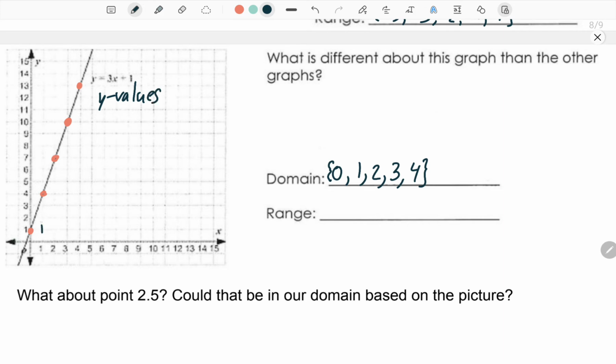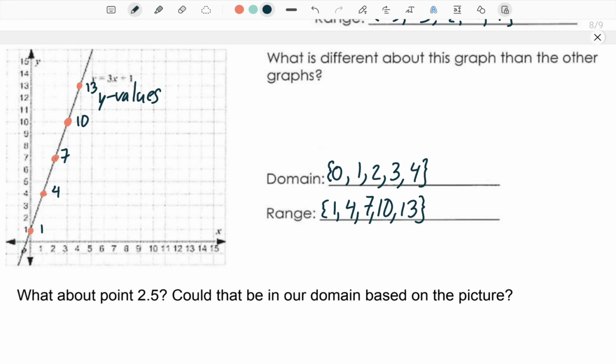So we're at a height of 1, then 4, then 7, then 10, then 13. So I'm going to start writing that out. 1, 4, 7, 10, and 13. So that's what you would have if you were just looking at those particular points that I labeled.